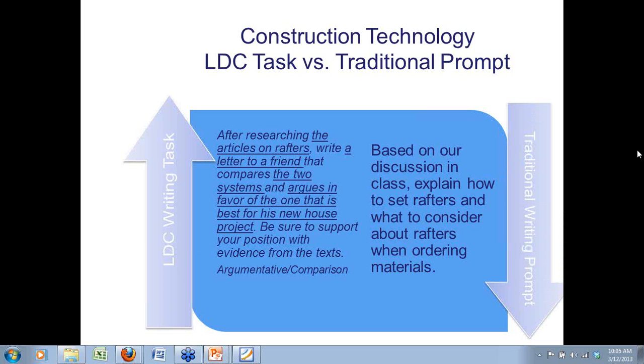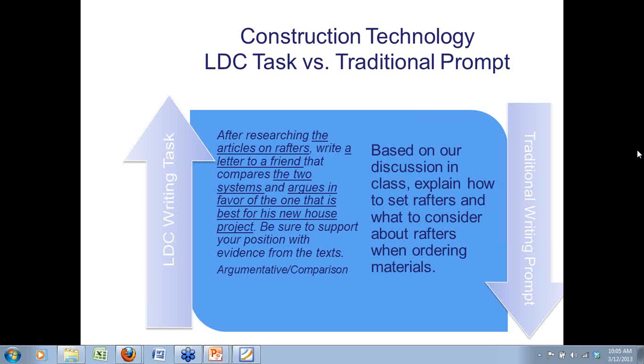And then I'm looking at the screen, and I'm seeing the LDC writing task looks to be a lot more rigorous to me. And it's based on more than just what we talked about in class. It's based on researching, which to me is kind of what happens when students leave school. There's not always going to be a teacher to go ask a question of.